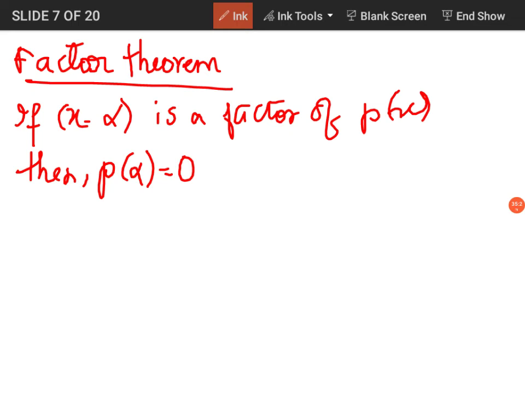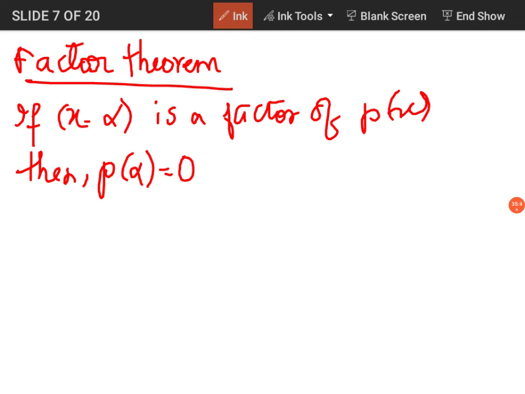Now I'm not going to prove it because you have seen the proof in class 9th, or even nowadays it is in class 8 as well. So I'm not going to show you the proof. This is what factor theorem says, very basic thing.